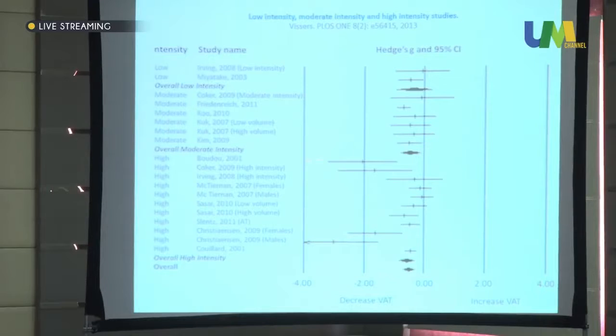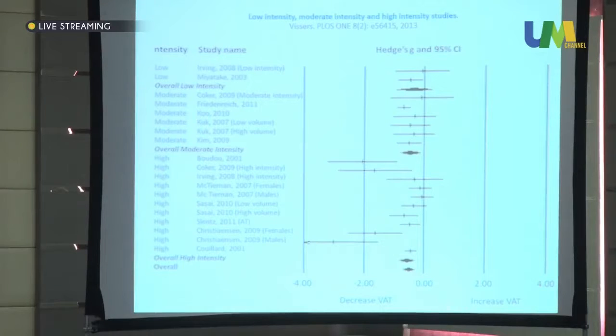If you look at the scale right here, in the middle line, this is 0. There are more than 15 different studies. If you see the point on the left, it means decreased VAT. VAT means visceral adipose tissues.